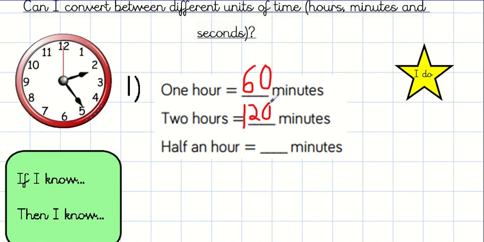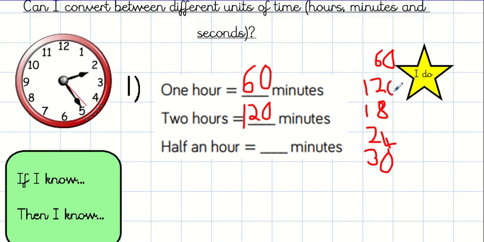It might even be a good idea to write your 6 times table down the side of your page when you're working in time. 6, 12, 18, 24, 30. Okay, and I could even then change that to 60, 120, 180, making it 10 times bigger, 240 and 300.